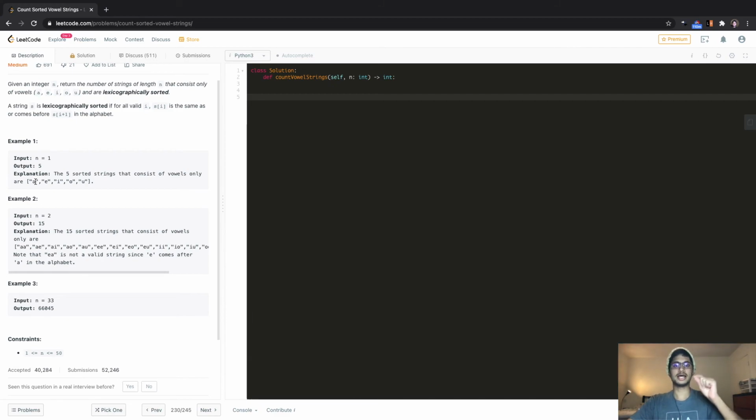When the current character you're on is a, you would definitely have 5 characters appended at the end. The reason for that is because a is the smallest value, and so you would have all values greater than or equal to a, which are all the vowels.